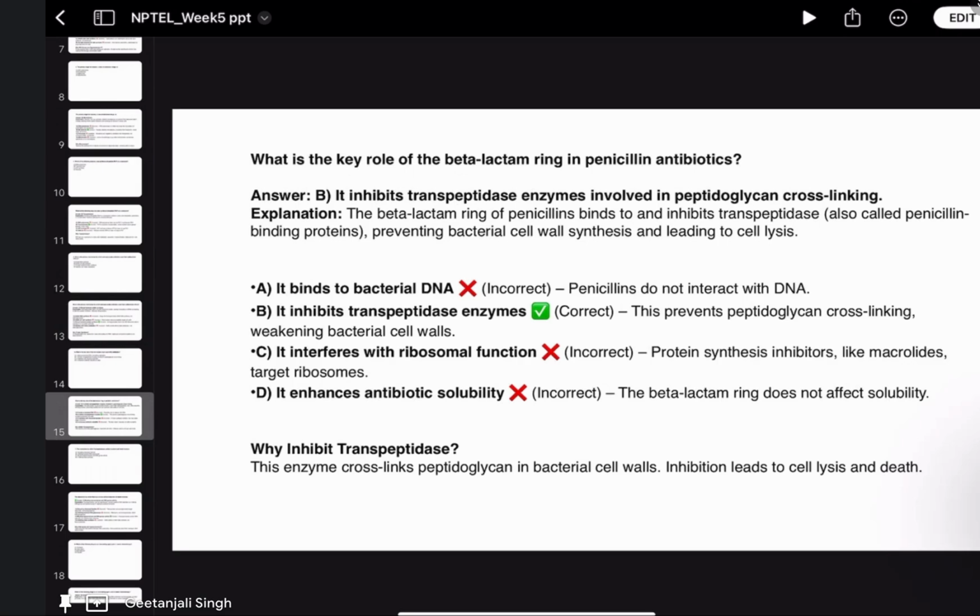Their target is not ribosomes, and it does not enhance antibiotic solubility. It targets the enzyme responsible for cross-linking the peptidoglycan for cell wall synthesis, and ultimately that leads to cell lysis and death.